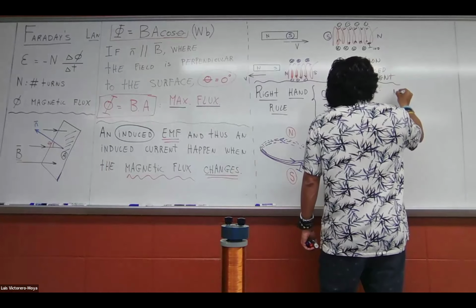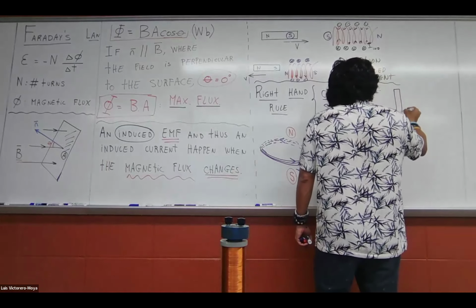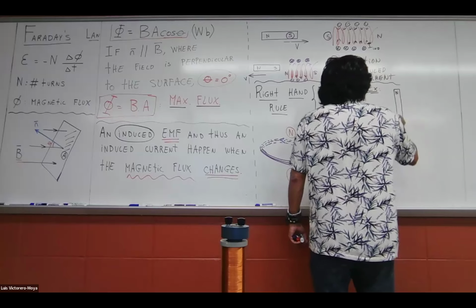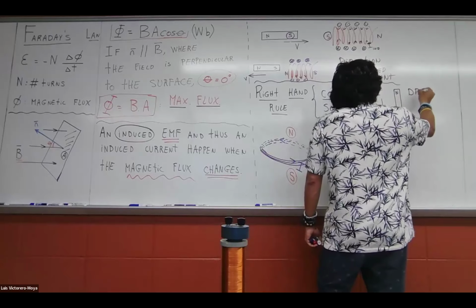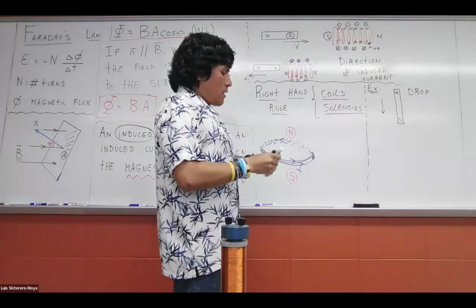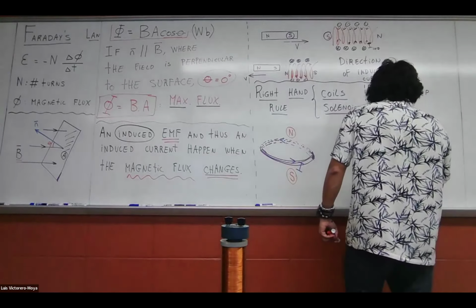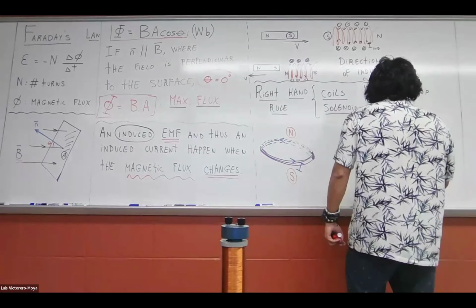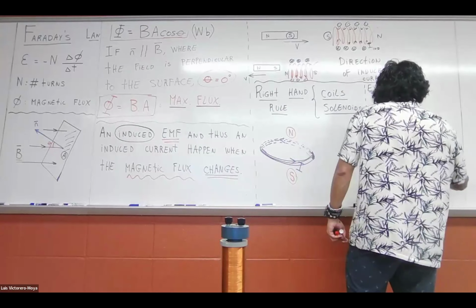I'm going to give you a magnet, north and south, and it's being dropped. So I drop the magnet, and I'm going to place a copper ring here. This is a copper ring.